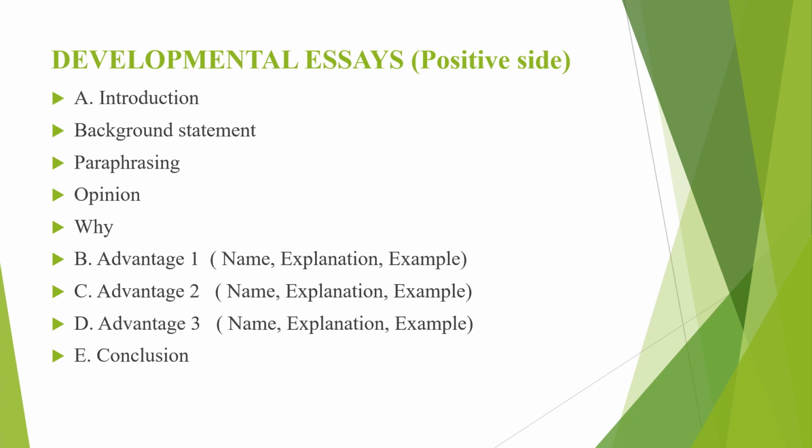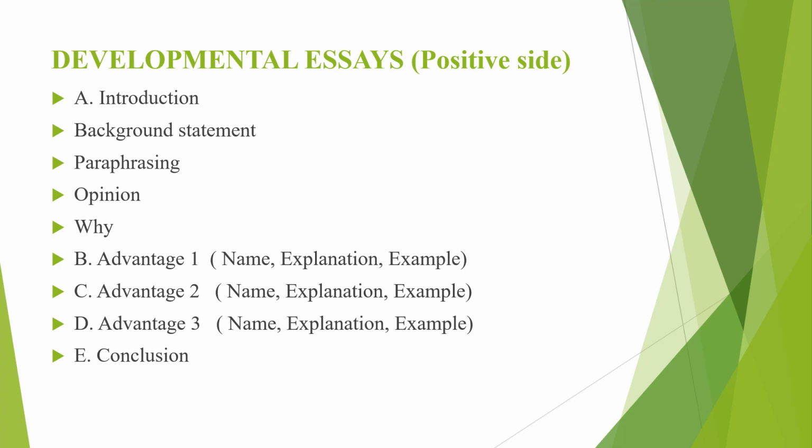For the second paragraph, which is the B point, mention advantage one. What is that advantage? Name it, then explain it, and then mention an example related to that particular advantage. When you are having the third paragraph, mention the second advantage of that particular topic: name it, explain it, and mention an example.